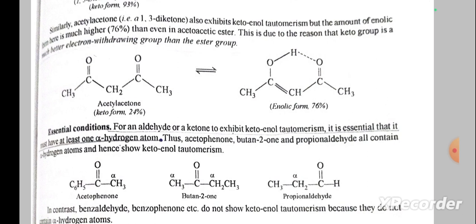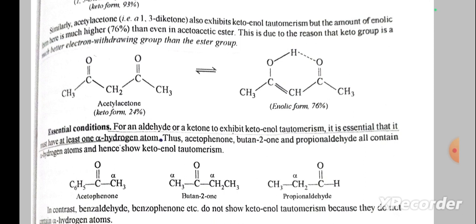The essential condition for an aldehyde or ketone to exhibit keto-enol tautomerism is that it must have at least one alpha hydrogen atom.